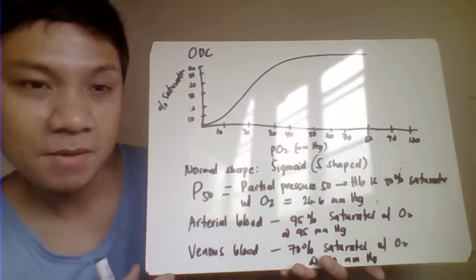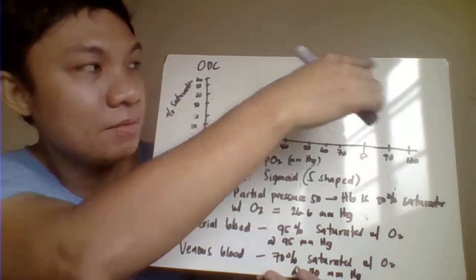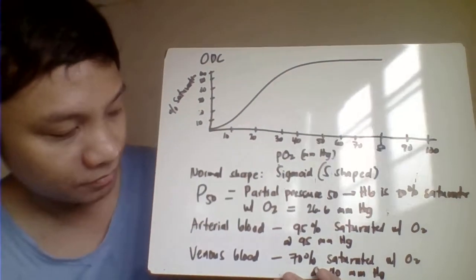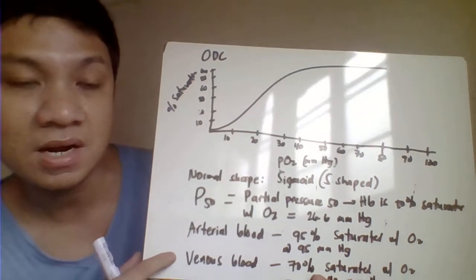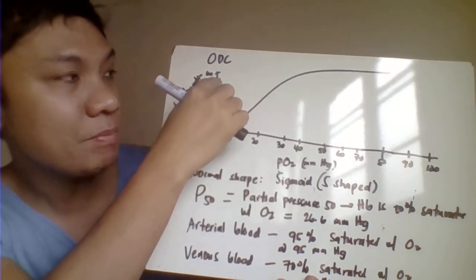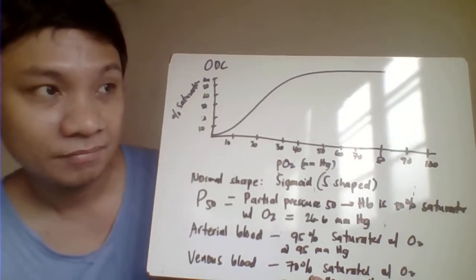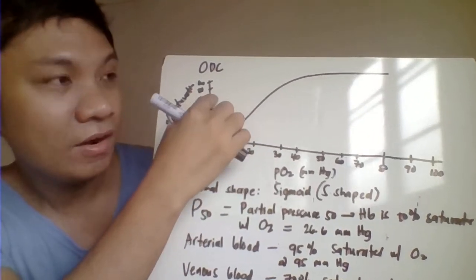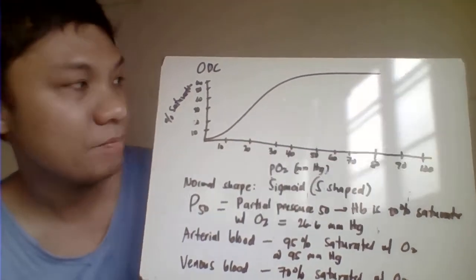The normal shape of our ODC is sigmoid, S na shape. We have the term partial pressure 50. So partial pressure 50 here represents that your hemoglobin is 50% saturated with oxygen.